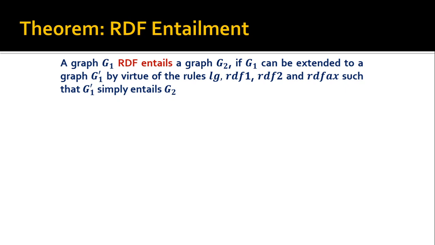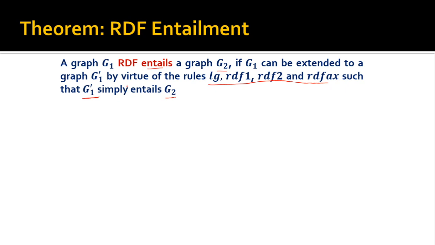Now, similar to what we had in simple entailment, we have a similar theorem. Graph G1 RDF entails another graph G2 if you can extend G1 to G1 prime by applying these 3 rules or these 4 rules, and finally G2 is simply entailed by G1 prime.